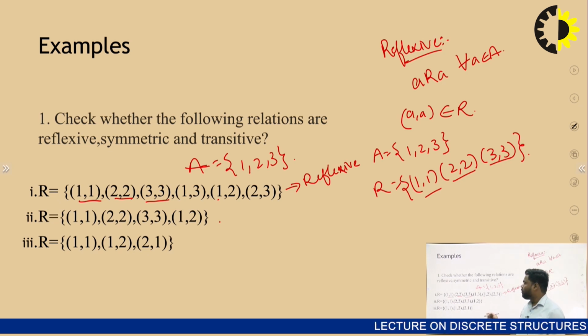Now for this relation we are checking whether it is symmetric or not.